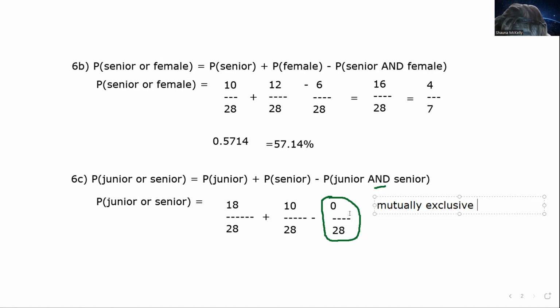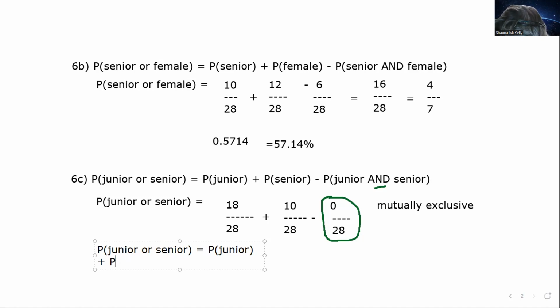This actually is a version of the mutually exclusive rule. So you could just say this: the probability of being a junior or a senior is equal to the probability of being a junior plus the probability of being a senior.